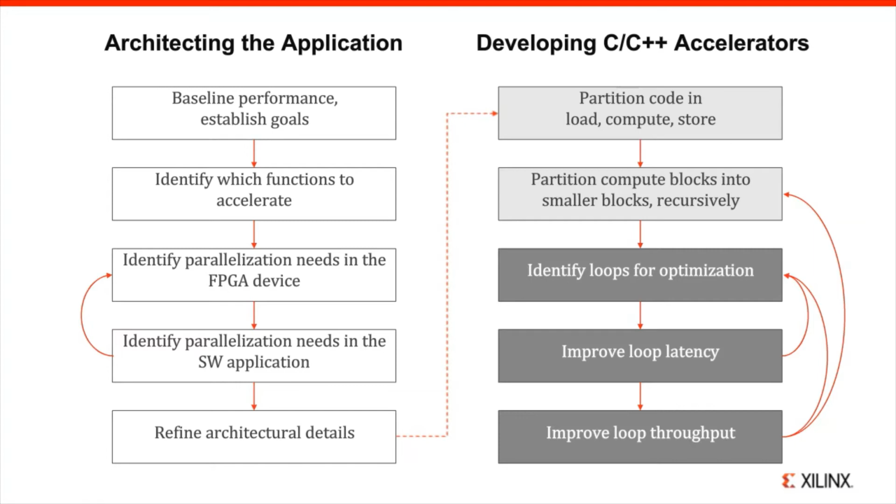The developer makes key decisions about the application architecture by determining which software functions should be mapped to FPGA kernels, how much parallelism is needed, and how it should be delivered. Then the developer implements the kernels. This primarily involves structuring source code and applying the desired compiler pragmas to create the desired kernel architecture and meet the performance target.